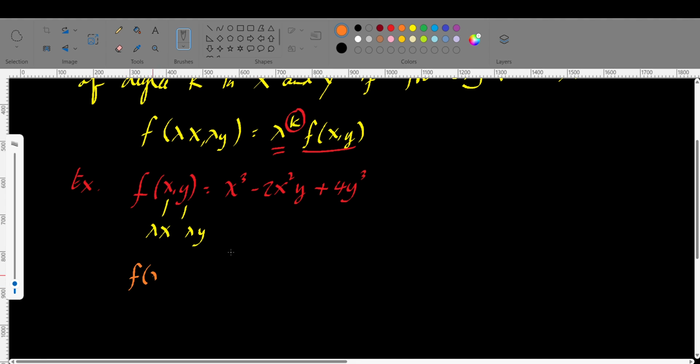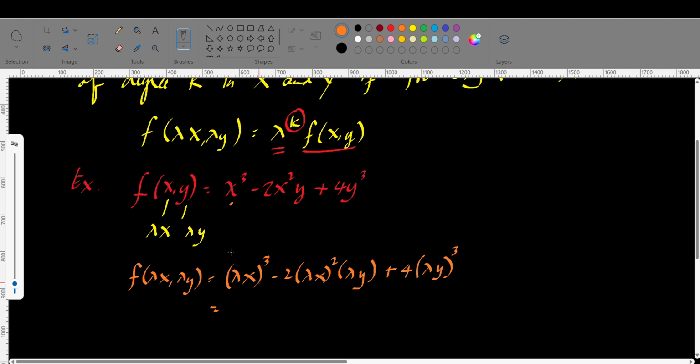So f of lambda x, lambda y is equal to x replaced by lambda x raised to 3 minus 2 times x, which is lambda x squared, times y, which is lambda y, plus 4 times y, which becomes lambda y quantity cube. Alright, so we simplify.